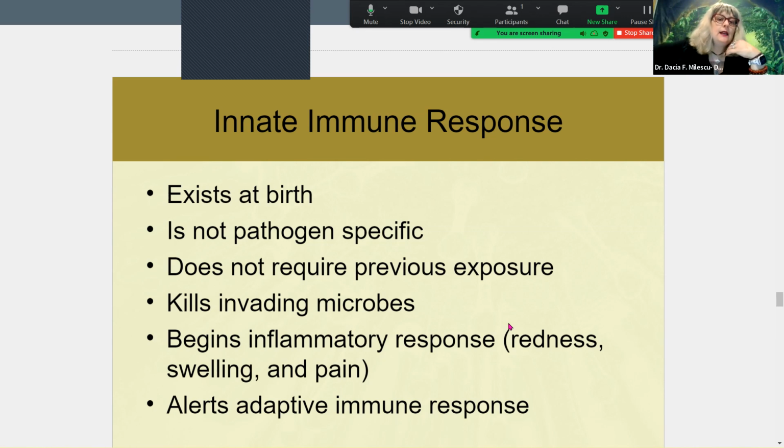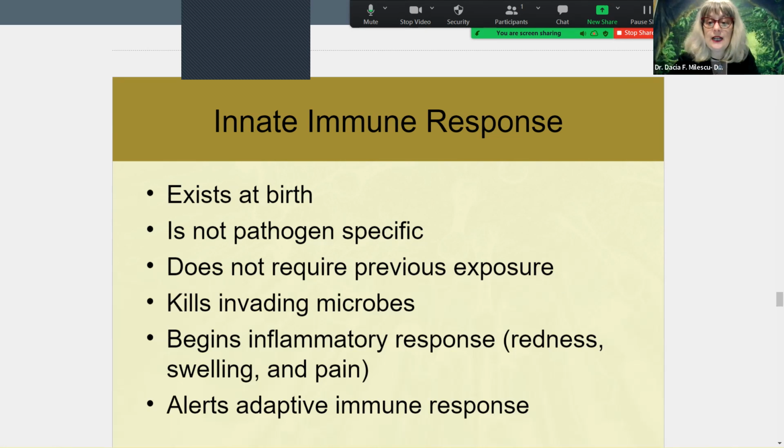It begins with edema, which is swelling, erythema, which is redness, and pain, in Latin, dolor. These are the medical terminology words that I would like for you to get used to. Don't just say redness, say erythema; swelling, edema; and pain is dolor.